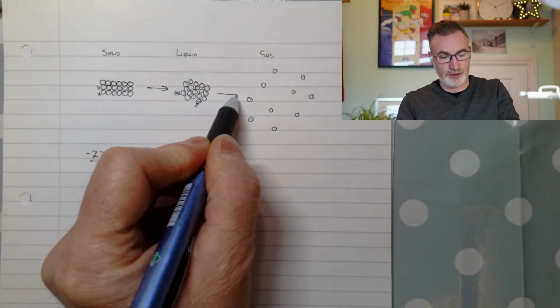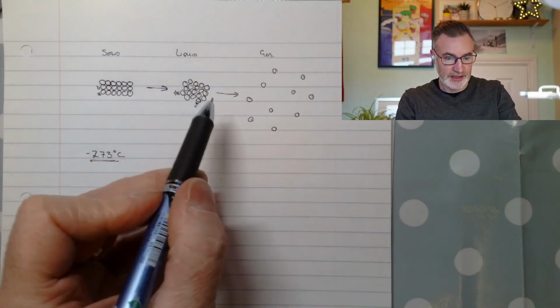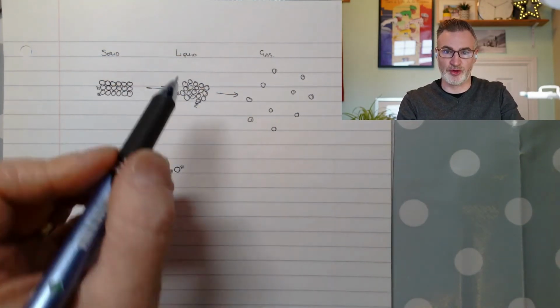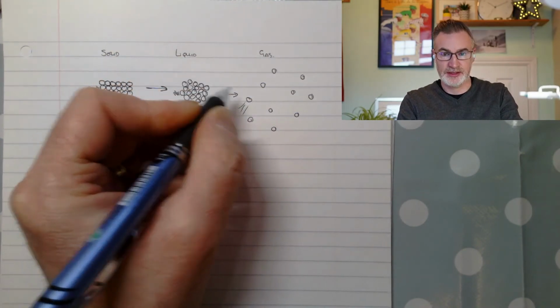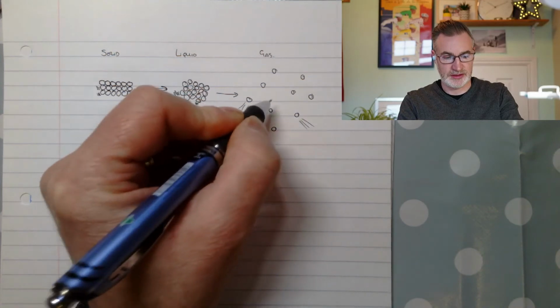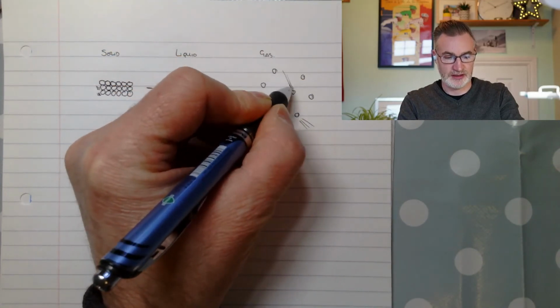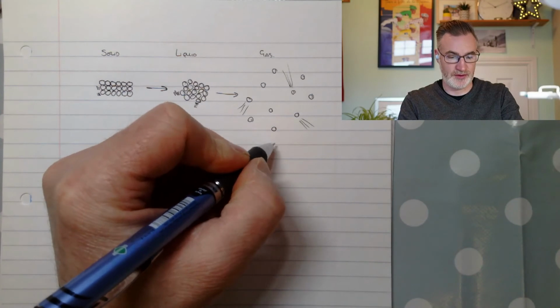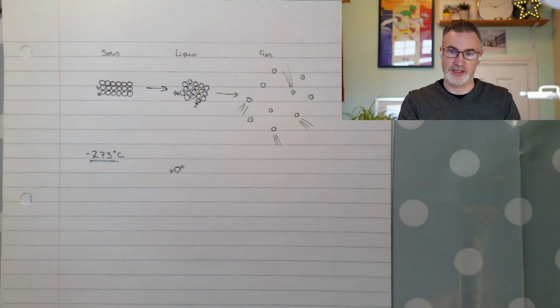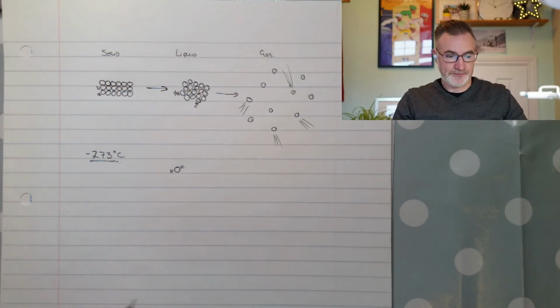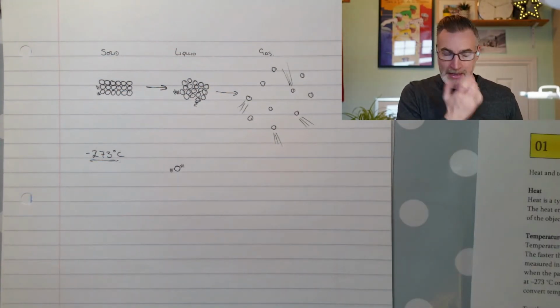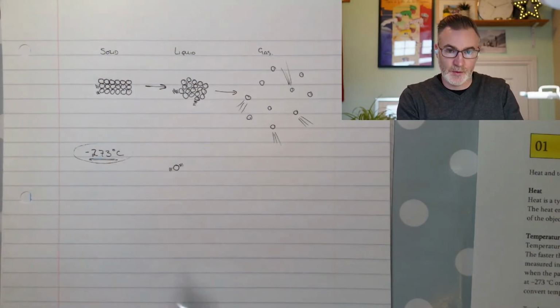And as you heat more and more, eventually the vibrations become so much that the particles start to break free, flying around in random directions, moving around in a free state. So we have heat, we have temperature. And as I said, this is the coldest that you can get.